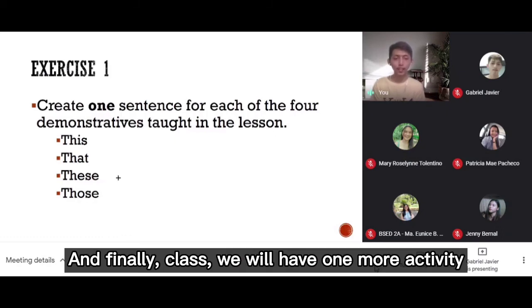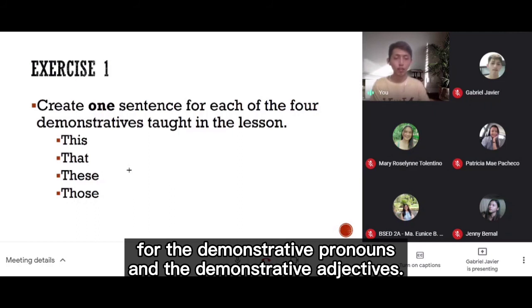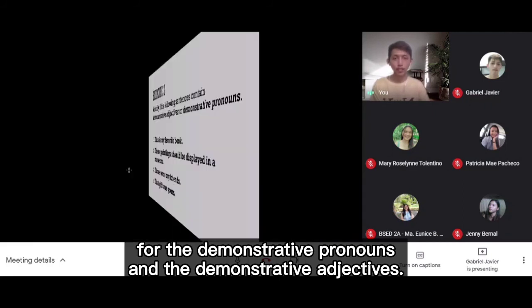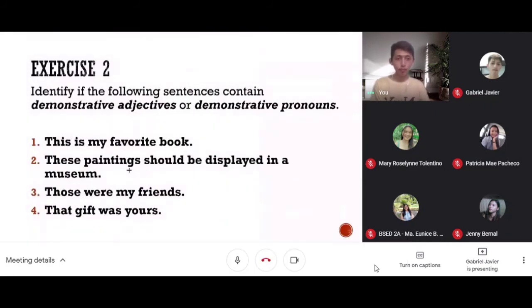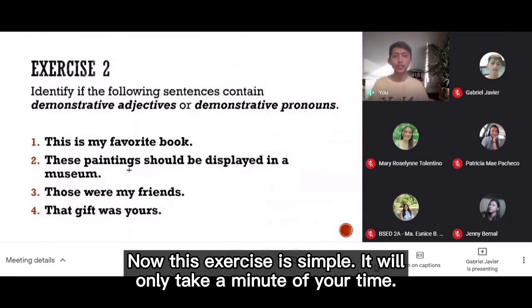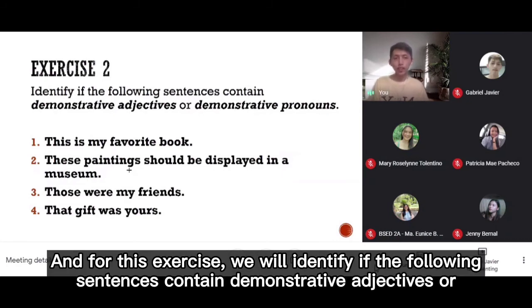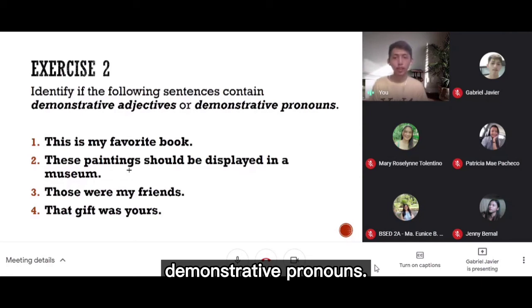And finally, class, we will have one more activity for the demonstrative pronouns and the demonstrative adjectives. Now, this exercise is simple. It will only take a minute of your time. For this exercise, we will identify if the following sentences contain demonstrative adjectives or demonstrative pronouns.